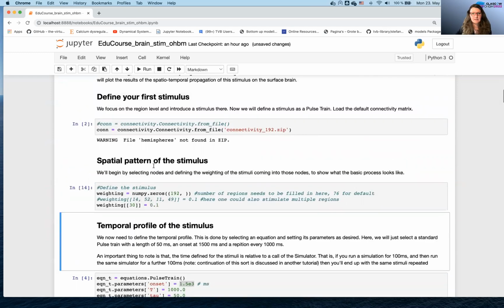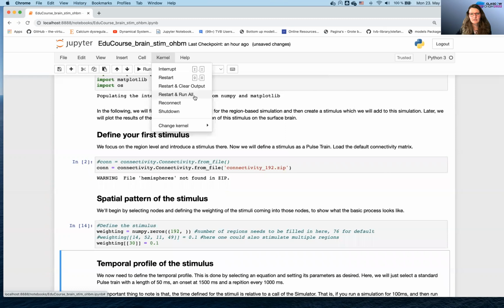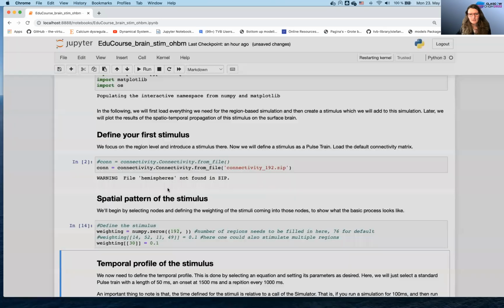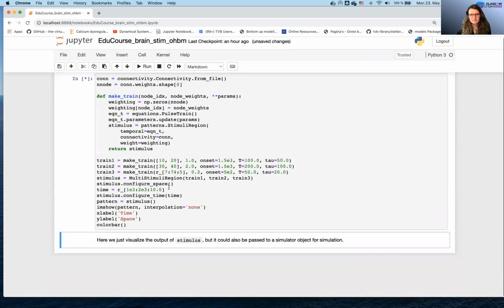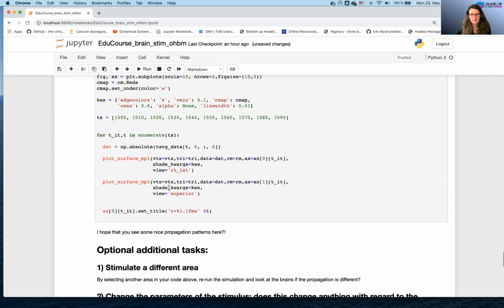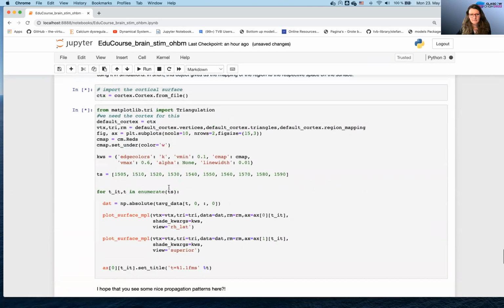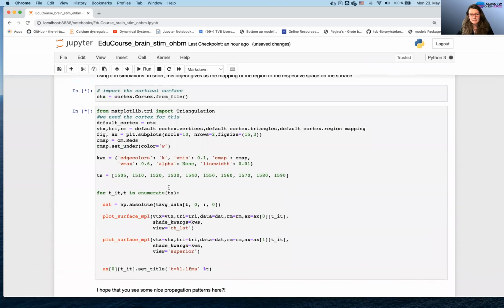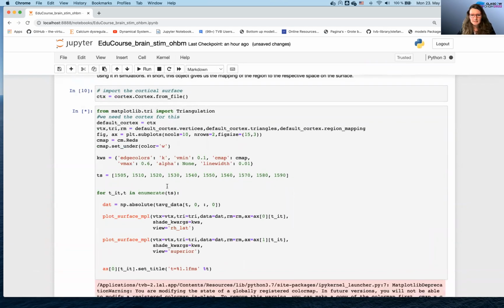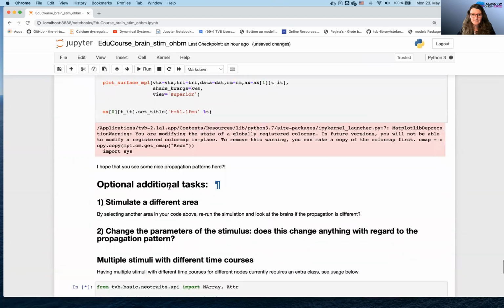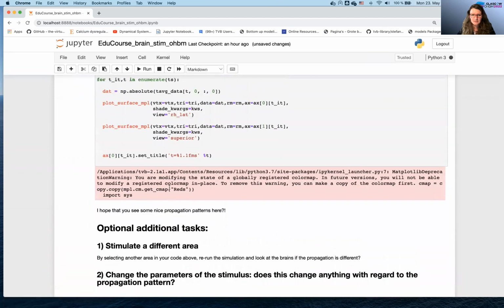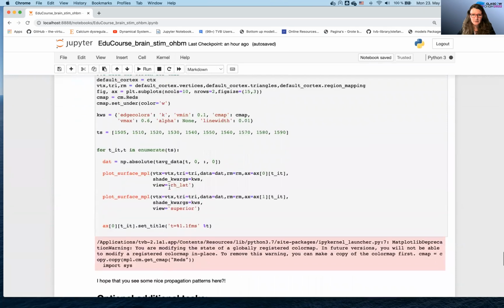Now let's run everything again and see if we see a different pattern. All right, it's simulating now. Depending on your local computer, this may take longer or shorter. It's giving some warnings we can ignore for now.